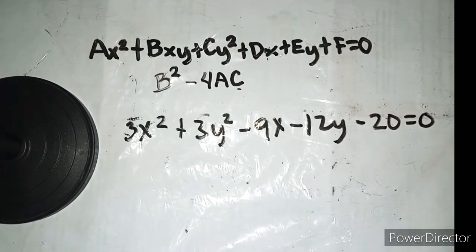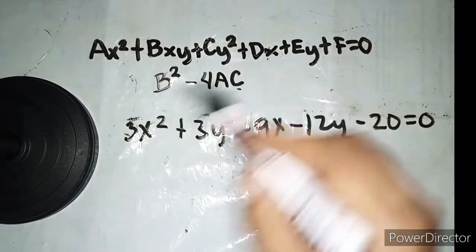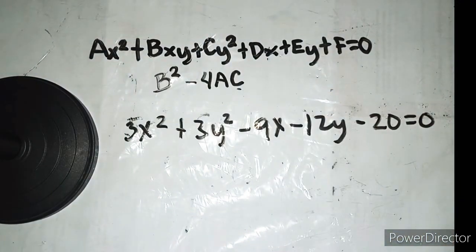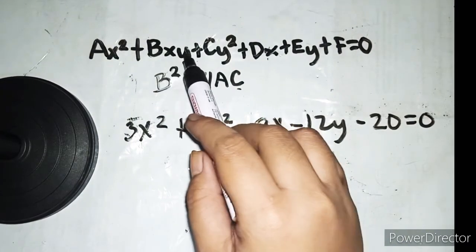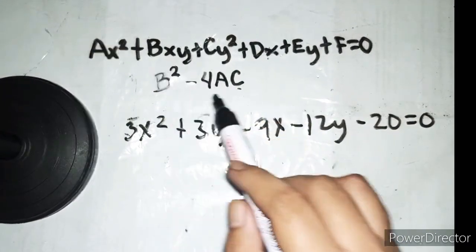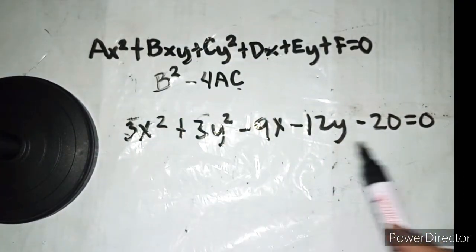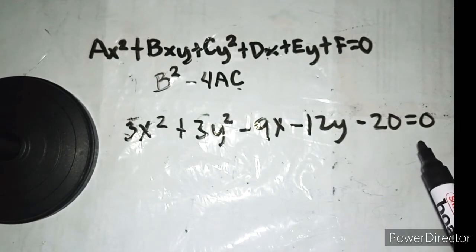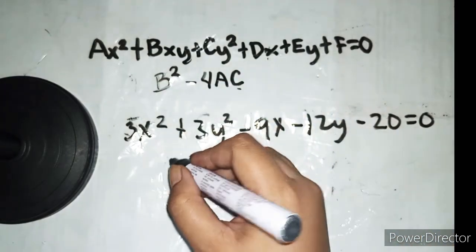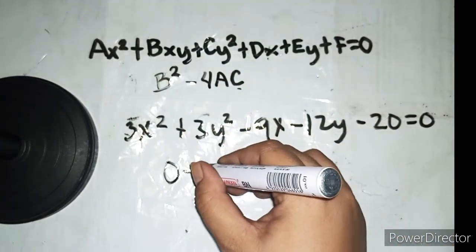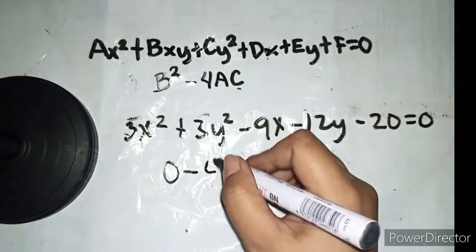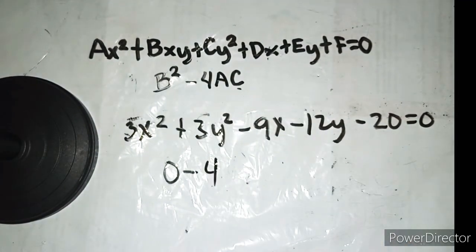Again, let's find the values of a, b, and c. First, b squared. In our general equation, we have bxy. Let's check if we have x and y in the same term. We don't, so the value of b is 0. Next, negative, let's copy 4. Now let's find the value of a.